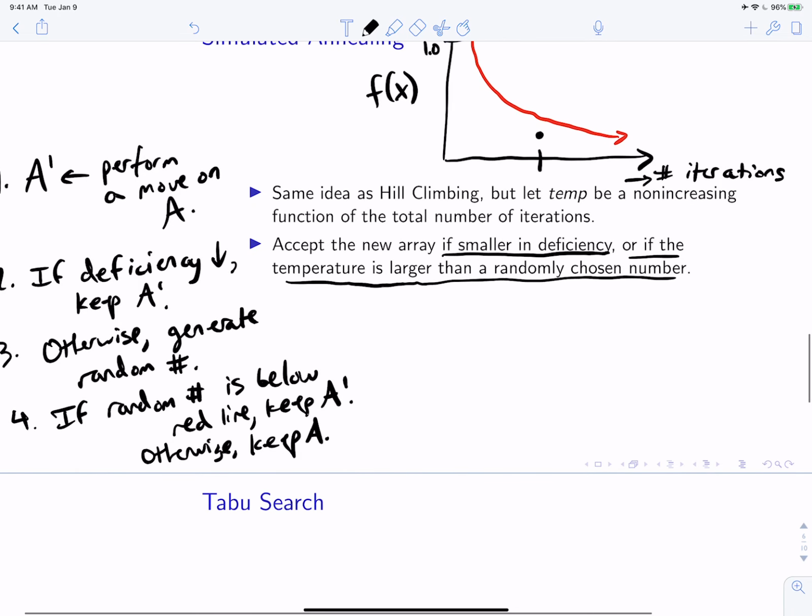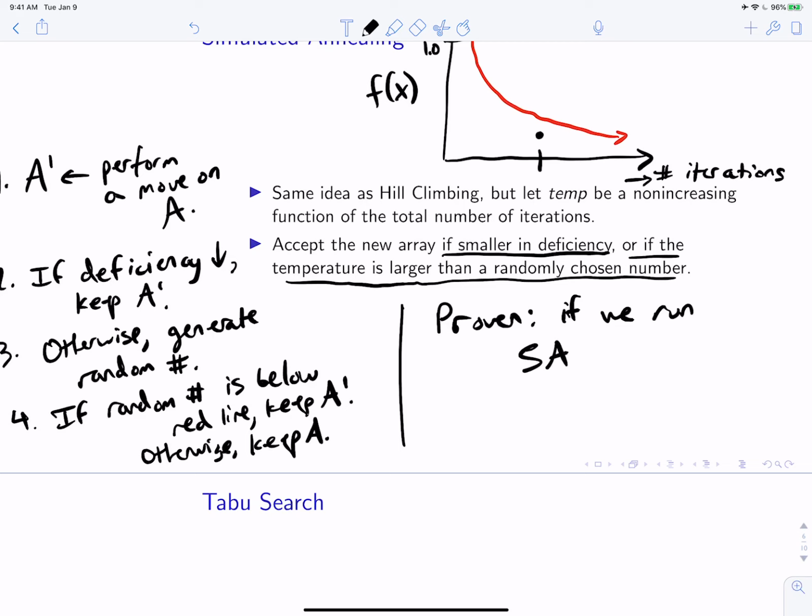And as I was discussing earlier, it has been proven that if we run simulated annealing until infinity, the optimum will be reached.